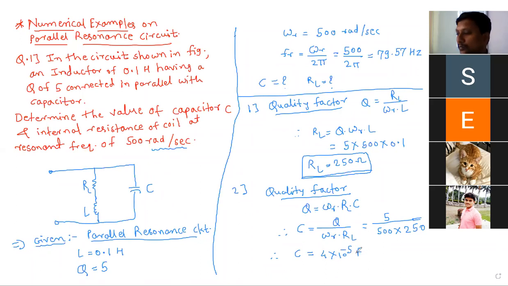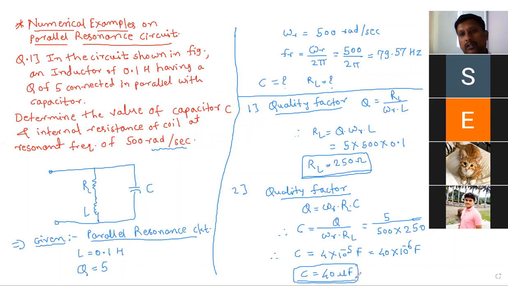I want to convert into microfarad, so what can I do now? 40 into 10 raised to minus 6 farad. 10 raised to minus 6 means micro, so 40 microfarad. This is the answer for the capacitor. Very simple question.